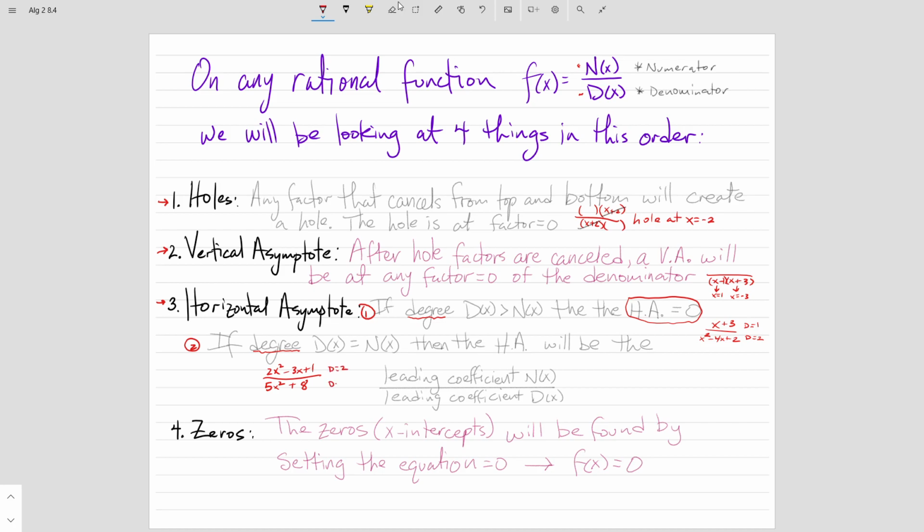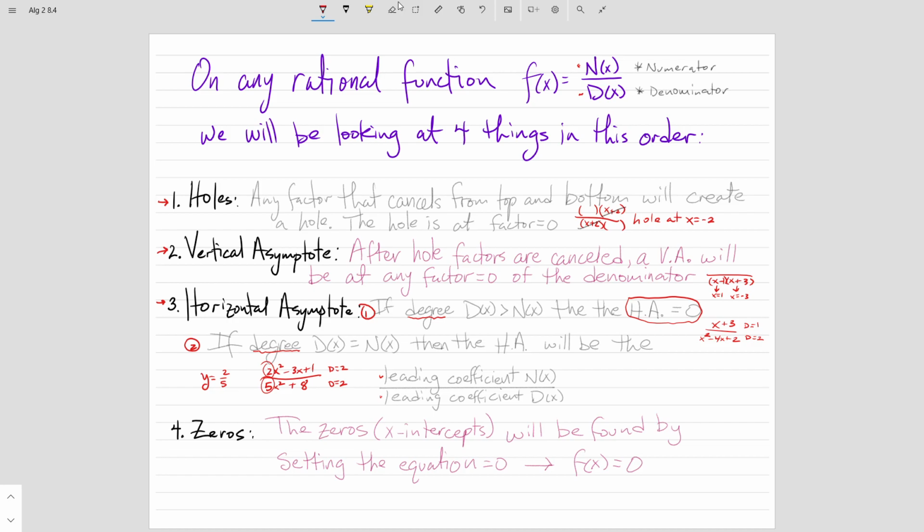The degree of the bottom is also 2, because the highest power is squared. Well, the horizontal asymptote is going to be the leading coefficient of the numerator divided by the leading coefficient of the denominator. So on this example that I wrote, the leading coefficients are 2 and 5. So my horizontal asymptote would be y equals 2 over 5.